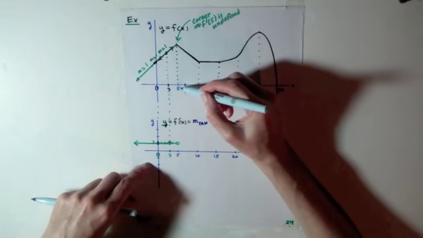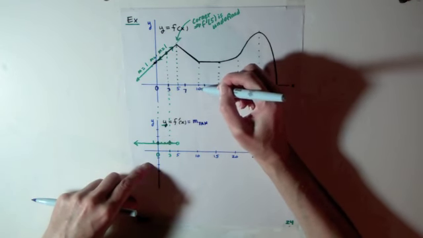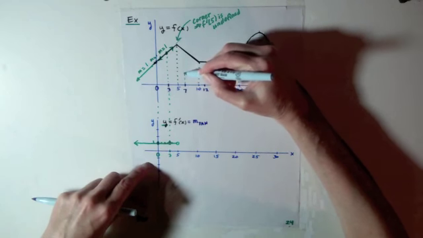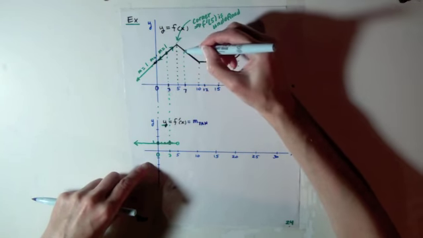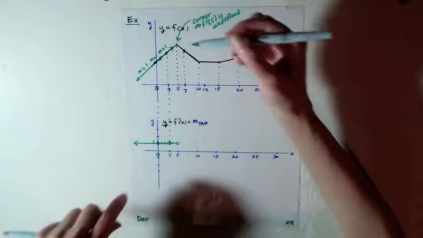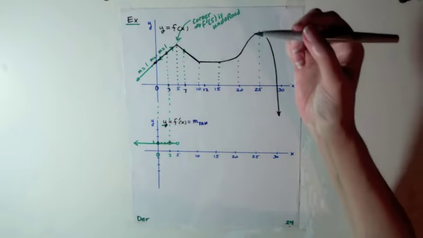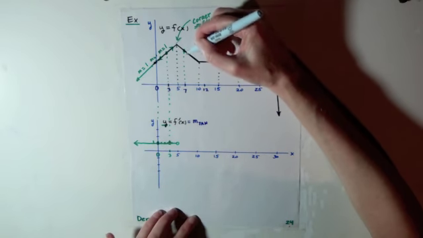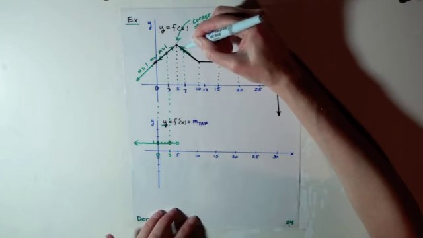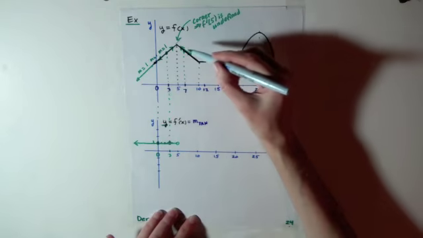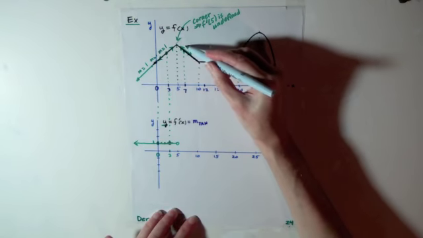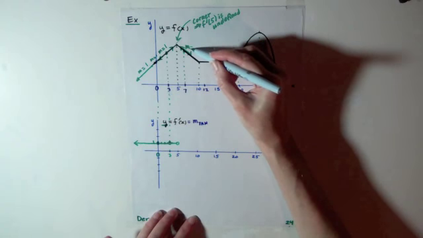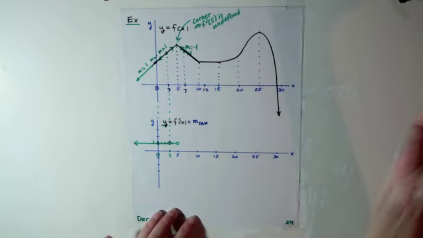Okay, let's move on to this section between 5 and 10. You could think of something like the x value of 7. I go up to my graph and I ask, what does the tangent line look like at 7? Well, at 7, because we're looking at a straight piece of graph, the tangent line again is going to lie right on top of the black graph. It's a line that has a negative slope, and maybe the slope is roughly equal to -1.